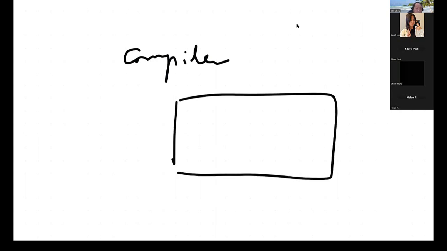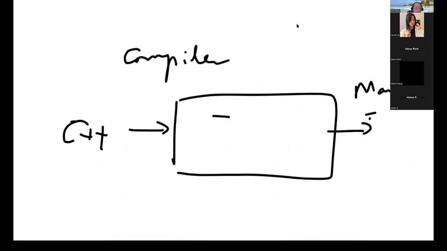It's a different story. So let's talk about one purpose of the compiler. You do have a compiler right here. You throw in, say, C++ language, and you get machine code. You are doing translation in the middle. So this is compilation.